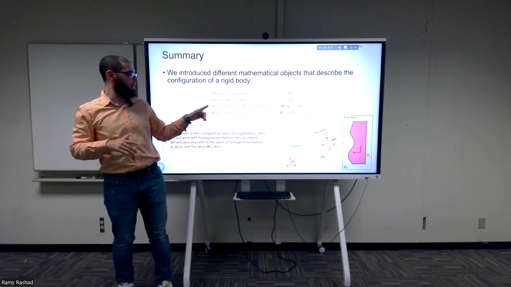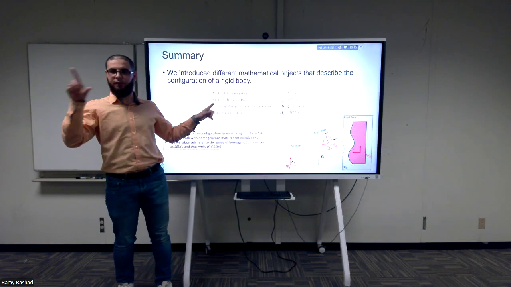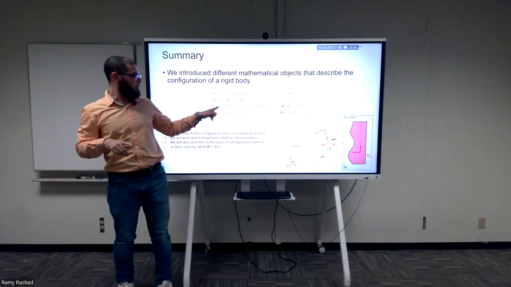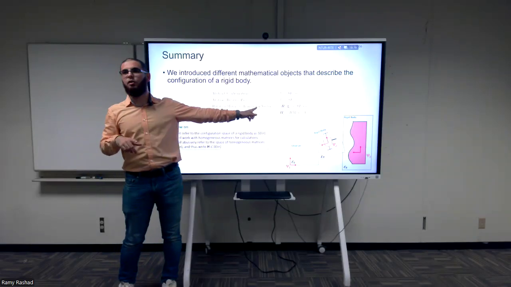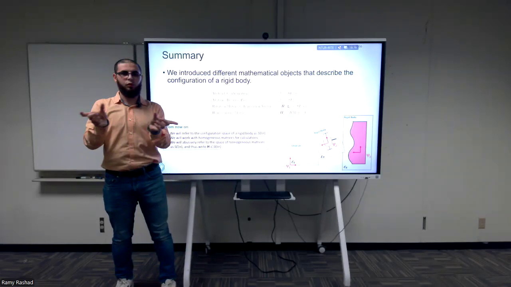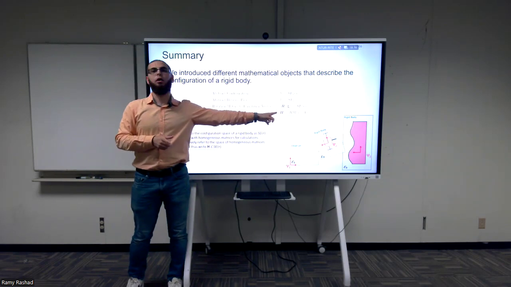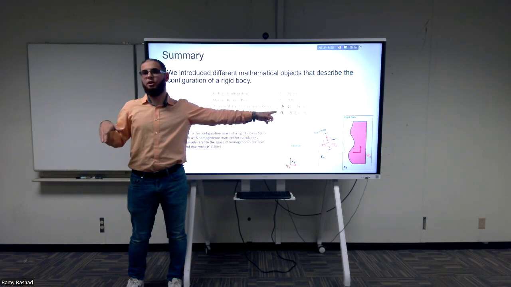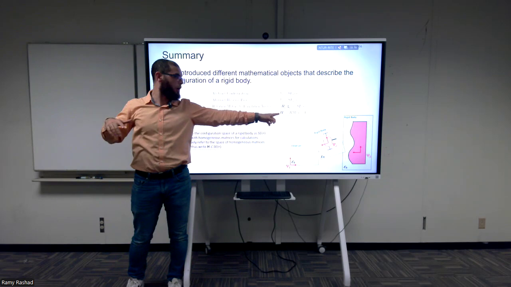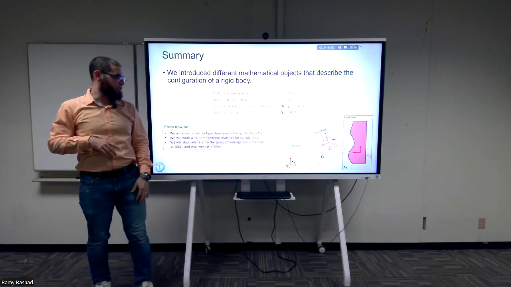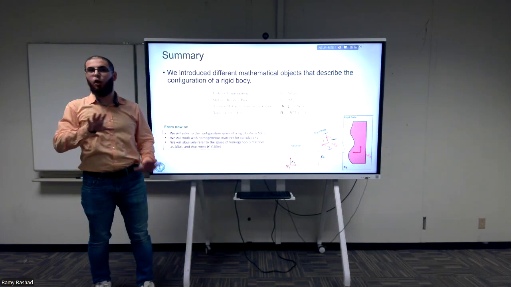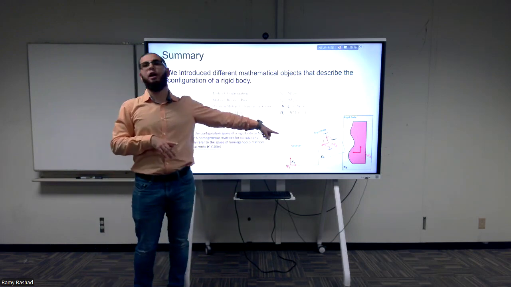Sorry, not linear maps, they are affine maps from Rn to Rn, with a pair of a rotation matrix and a translation vector. And then we said that with projective geometry we can put these into an n+1 dimensional matrix, an element of the general linear group in n+1, which we called homogeneous matrices. And all of that depends on the frames you choose.